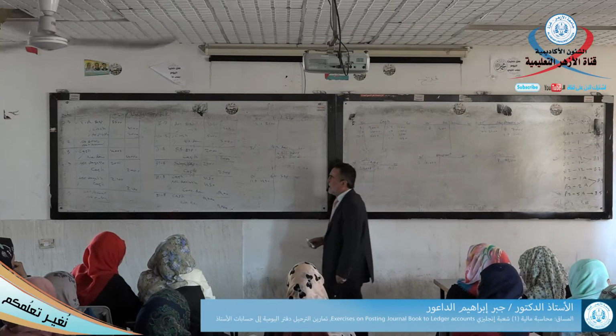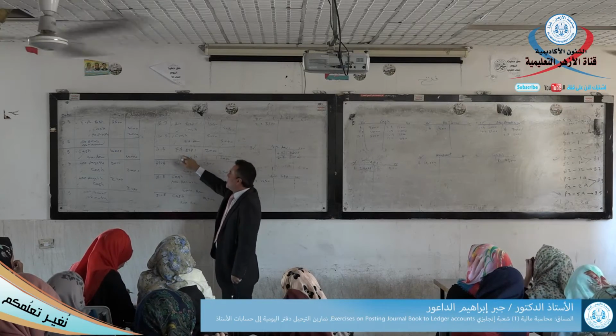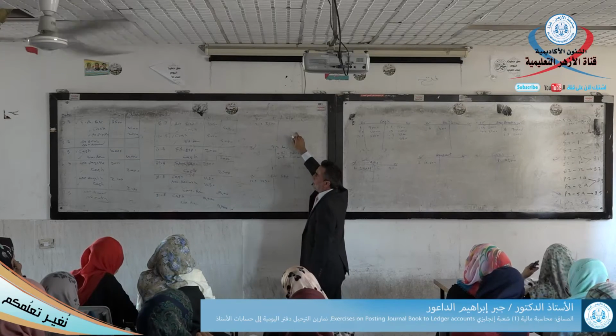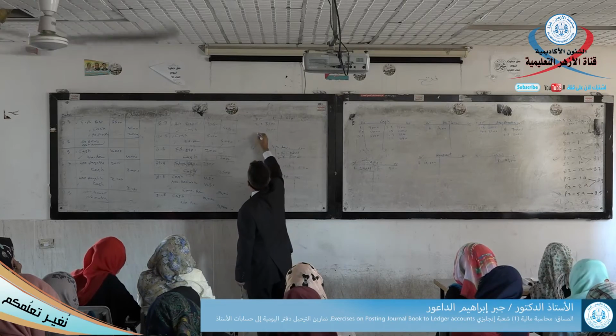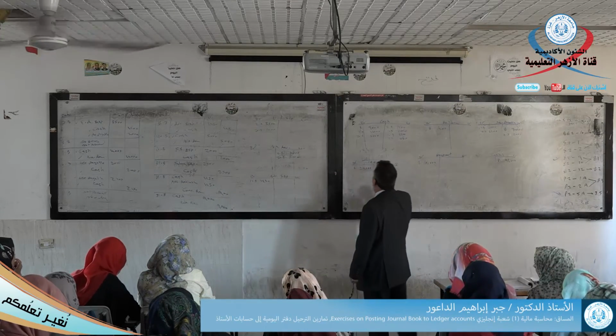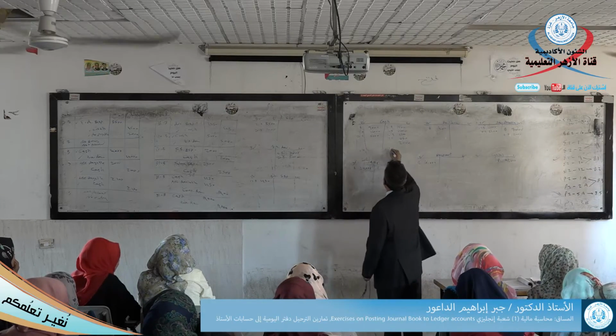Also at the same date, another transaction: film rental expense to cash. Film rental expense, 2,000, whereas the cash at the CR side, 2,000.